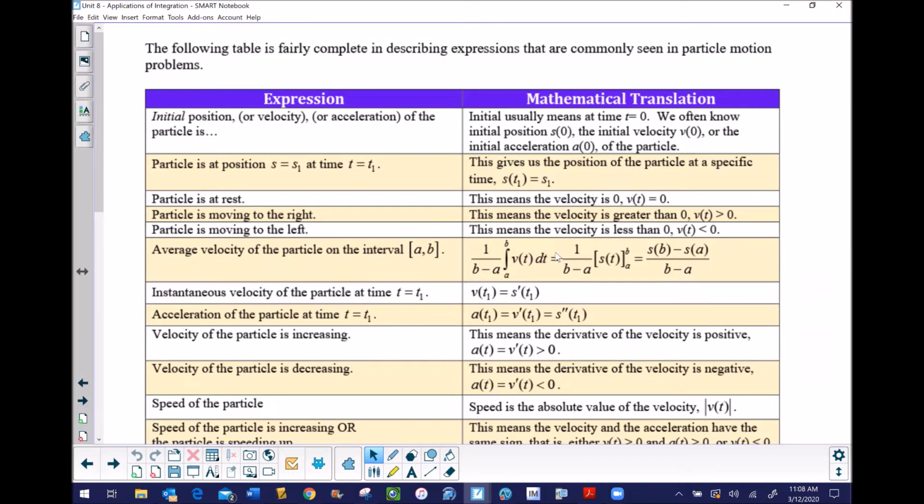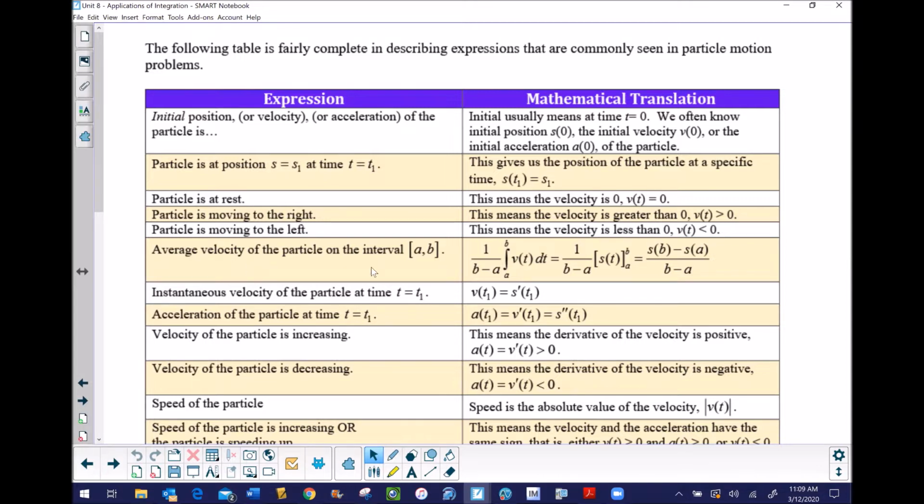It's the average value of a function, right? That 1 over b minus a thing out in front, and it's perfectly okay if we call it the 1 over b minus a thing. Just don't tell that to your college professors that Mr. Meunier and I said that was okay. But 1 over b minus a times the integral of whatever function you're trying to find the average of is always going to work, okay?